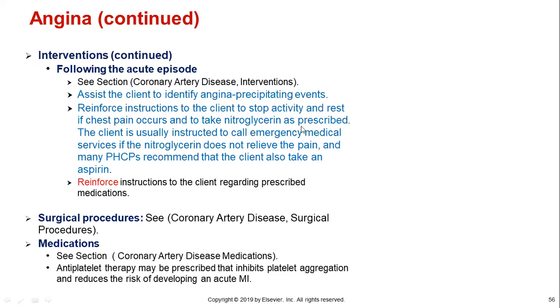We have to make sure. The client is usually instructed to call emergency medical services if nitroglycerin does not relieve the pain. And also the healthcare provider may recommend that the client take aspirin.